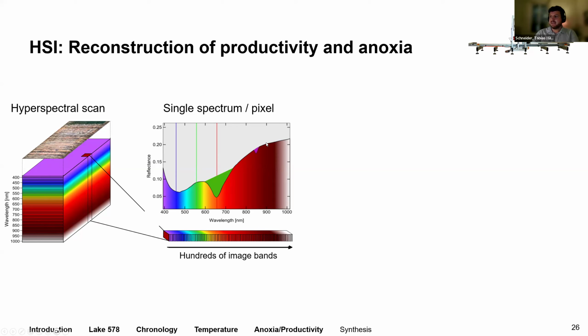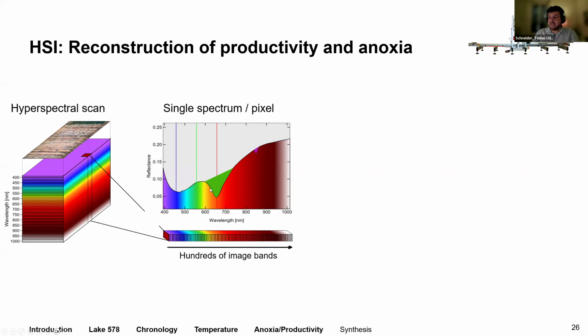For each pixel we receive such a spectrum, and the green chlorophyll or green pigments absorb at a specific wavelength, 670 nanometers, represented here, and the bacterial chlorophylls absorb at around 850 nanometers.